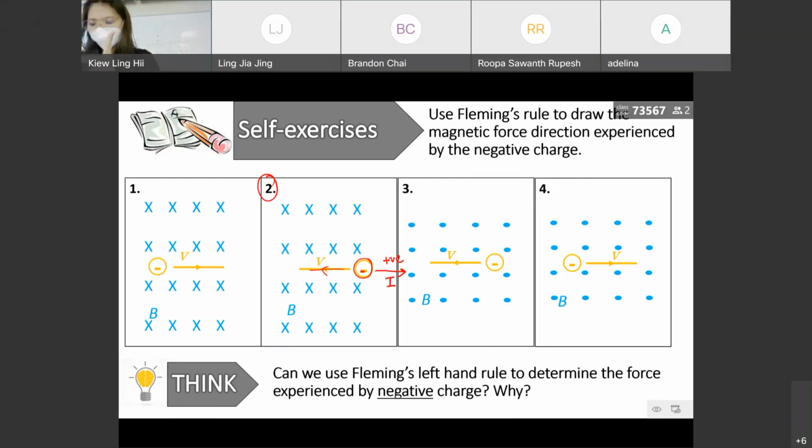So if you want to use Fleming's left-hand rule, you first have to determine the direction of current, which is now going to the right. With your Fleming's left-hand rule, B is into the screen, I is to the right. Where does your thumb show? It is going upwards. So that is the first method with Fleming's left-hand rule, but first you have to determine the direction of current.